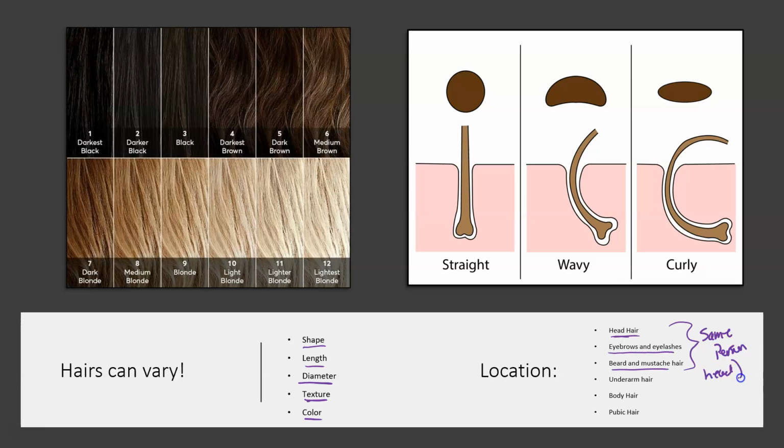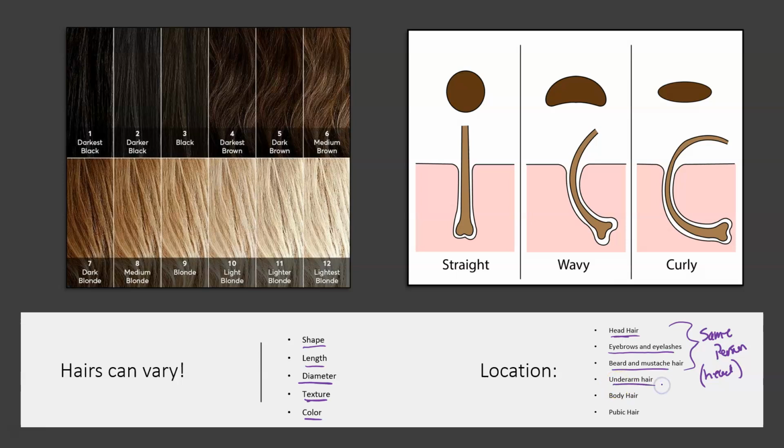So we're talking about the specific area of the body being relatively similar. Okay, there isn't a big distance difference between the hair on your head, the hair in your eyebrows, and the hair of a beard or mustache. Okay, but all 3 locations differ substantially in what they actually look like. They might be the same color, but they are very different, and we will see that in a minute.